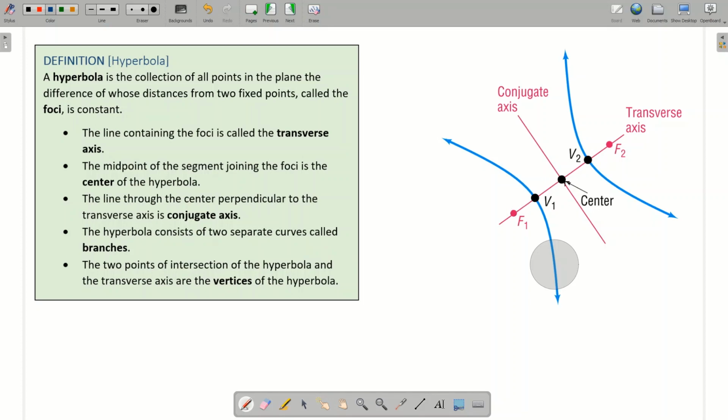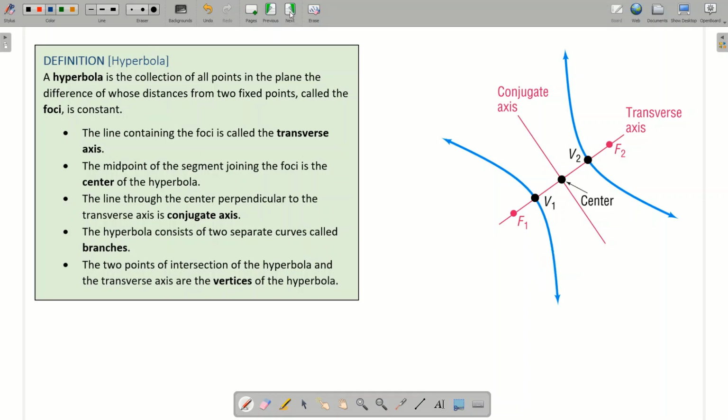So here's our center point. That's equivalent to what we had for an ellipse. The center for an ellipse is the midpoint of the foci there as well. The conjugate axis is the line that is perpendicular to the transverse axis passing through the center. And then the vertices are the points where the 2 branches intersect the transverse axis.